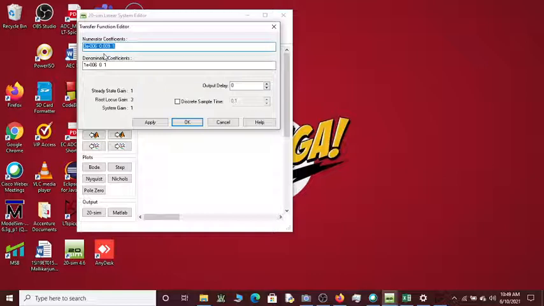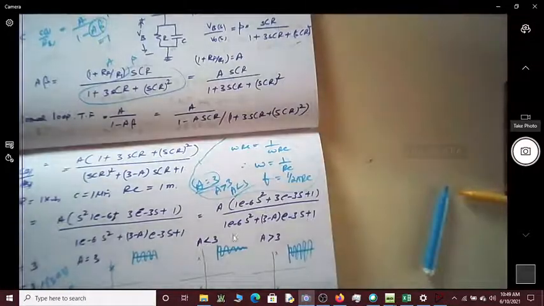The numerator has 3e power minus 6 which we already have, then 9e power minus 3, and then 1. In the denominator I have 1e power minus 6, the coefficient of s square. The coefficient of s is 0 because we are treating A as equal to 3, and this is 1.